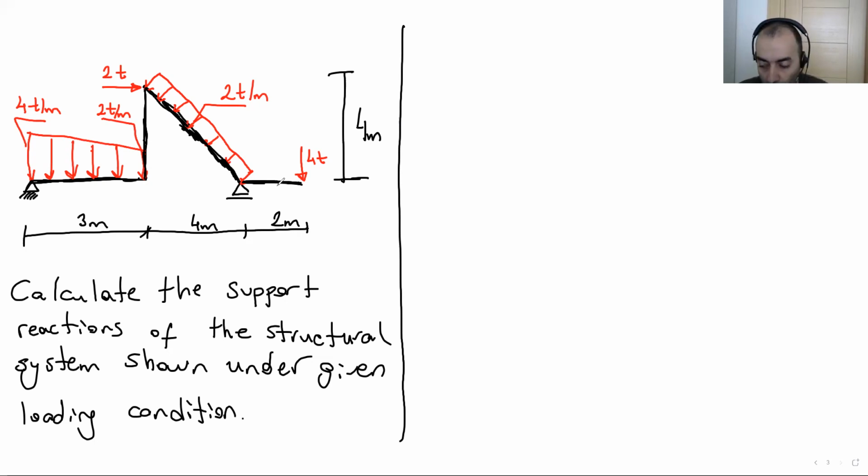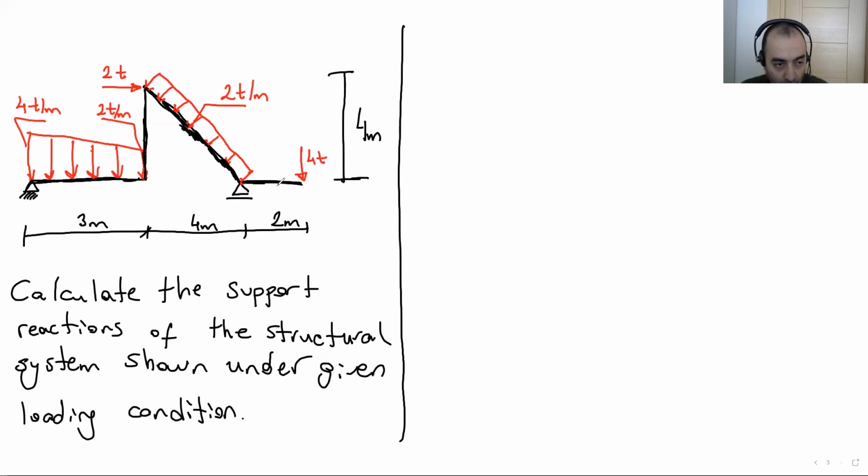Now, what were we doing when we get a structural system and loading? Firstly, we have to put the unknowns to this structural system. Let's take a look at the first support.